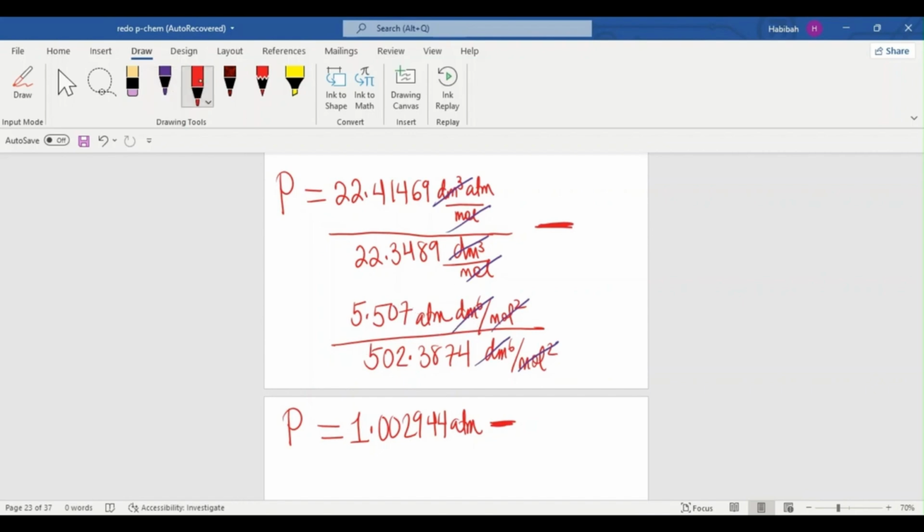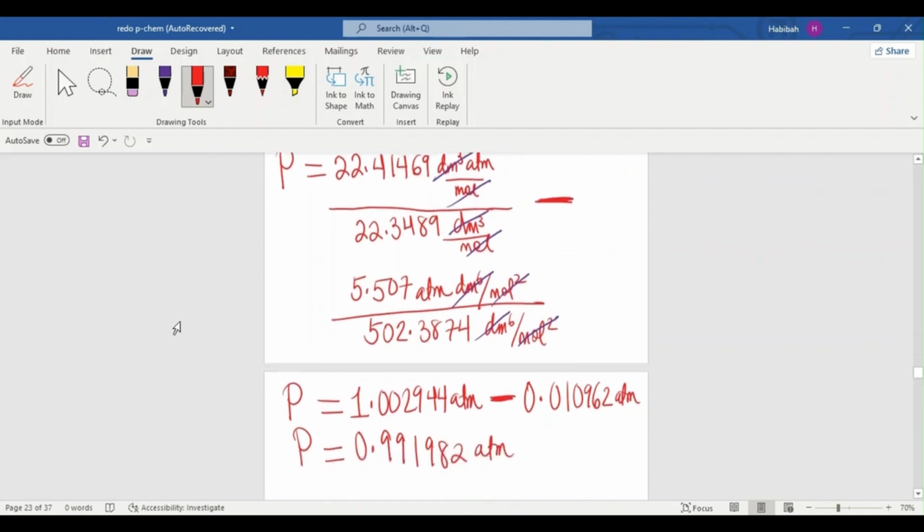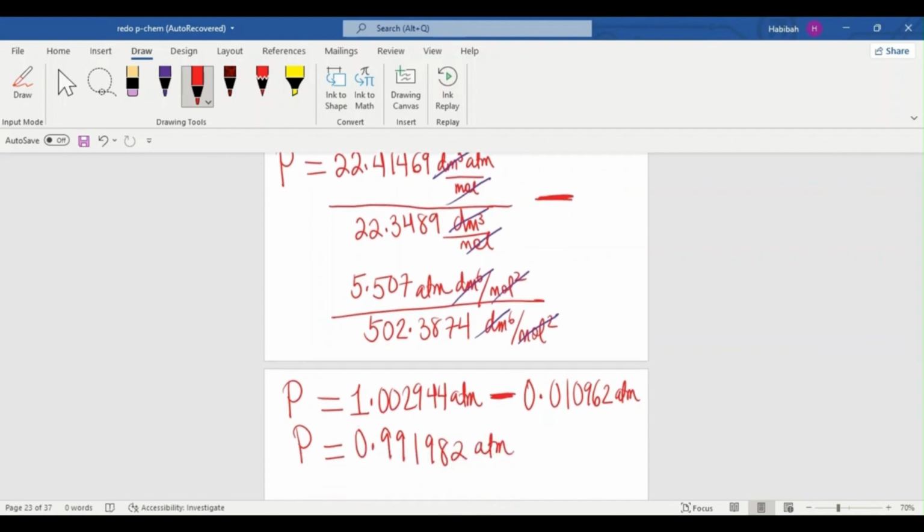Of course, when you do that division on your calculator, you end up getting 0.010962 atmospheres. So the pressure would end up being 0.991982 atmospheres.